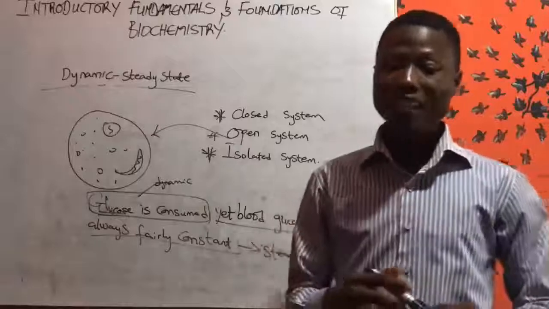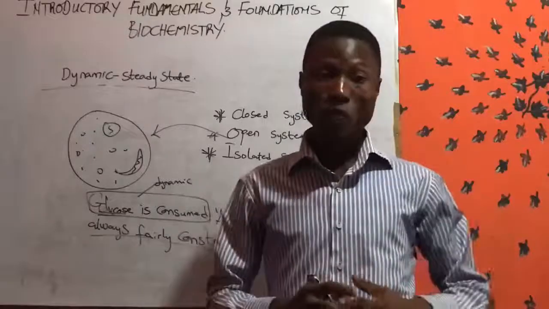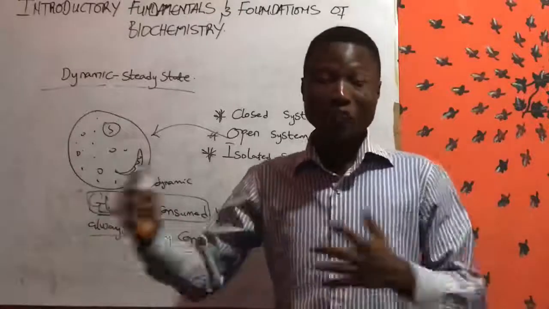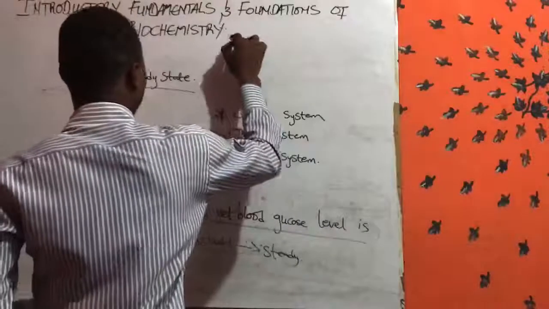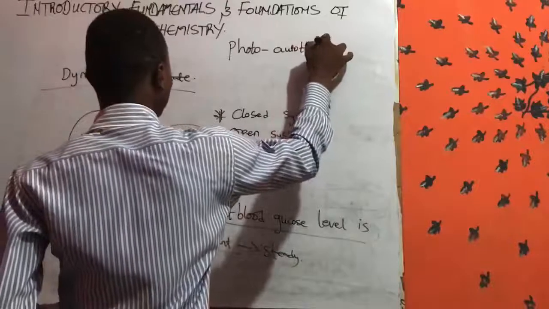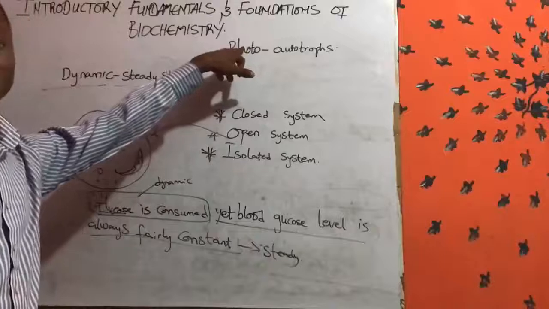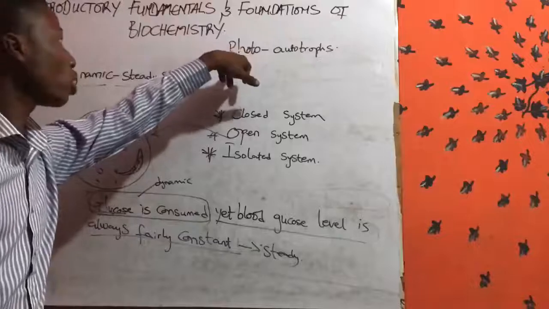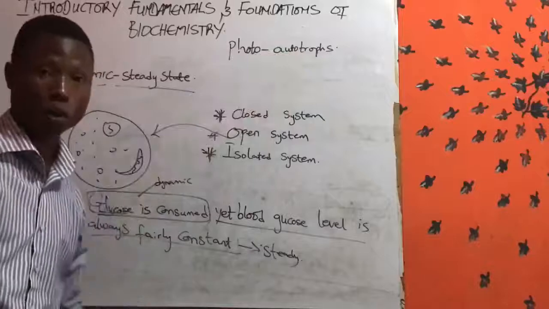Now another thing is that organisms transform energy and matter from their environment. Organisms have the ability and capacity to transform energy and matter from their environment. For instance, look at photoautotrophs. Photoautotrophs will trap sunlight energy and use it to split the molecule of water. That's the light phase of photosynthesis.